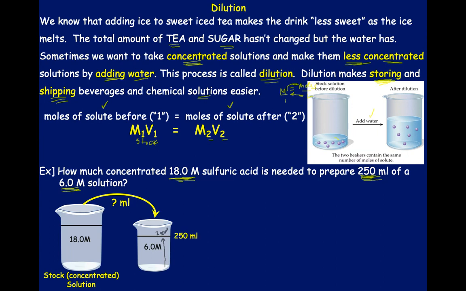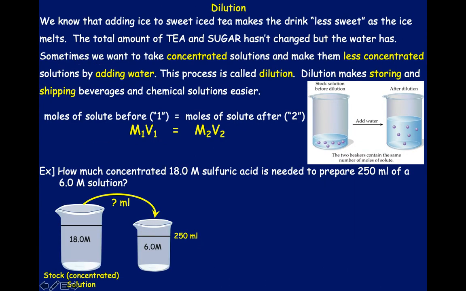So that's really the point. I'm going to put water in here, but I have to take some of the strong stuff out, put it in here, and then fill it up to 250. How much of the strong stuff do I need? That's a really good question to answer in this case.